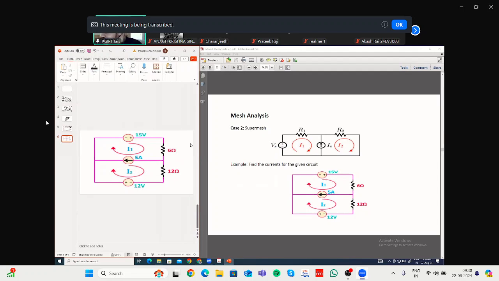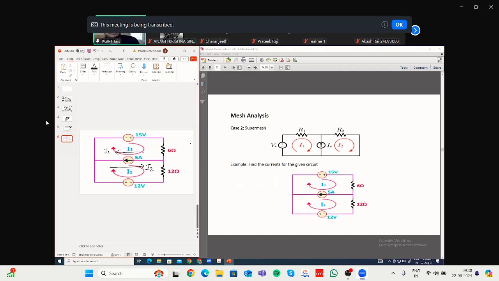The next equation will come from the convention that we have followed in giving the direction of I1 and I2. I1 and I2 are still unknown, but the direction you have already fixed. That is, I1 is flowing in the clockwise direction, I2 is flowing in the clockwise direction. So you have to see here, for this 5 ampere current source, in which direction I1 and I2 are flowing. I1 is flowing in this direction. This is I1. I2 is flowing in this direction, that is I2.